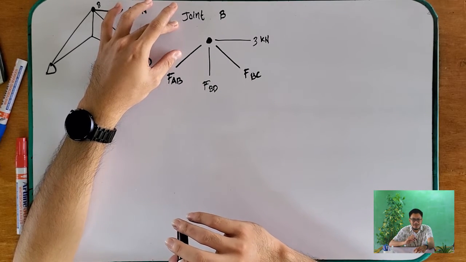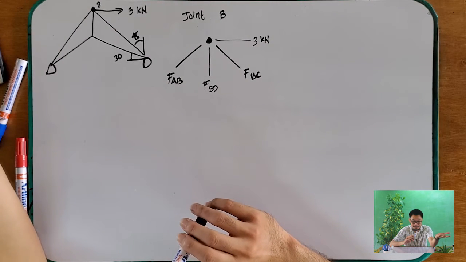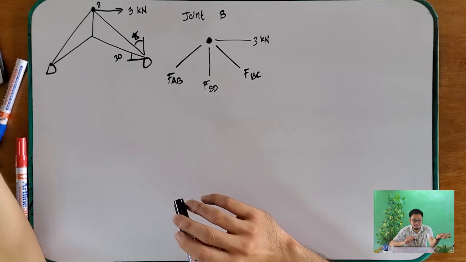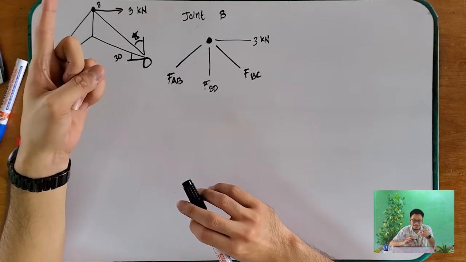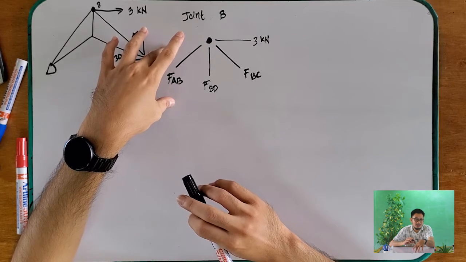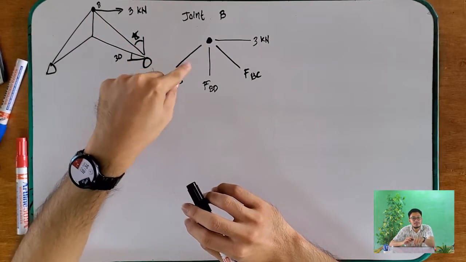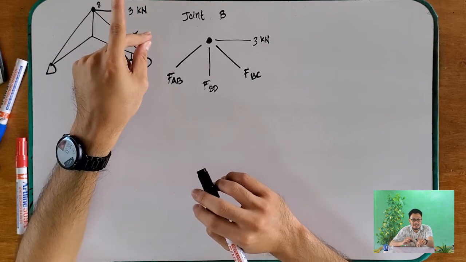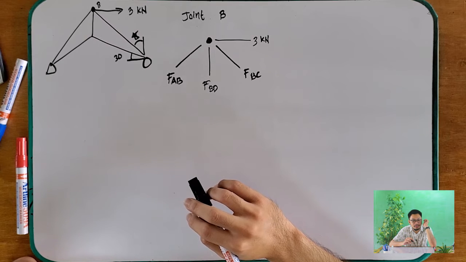So, magpili ka og lain nga joint para makasolve ka og makastart ka og solve. Because one of the techniques for you to solve unknown members of a truss, you have to select a joint that has only 2 unknown members.